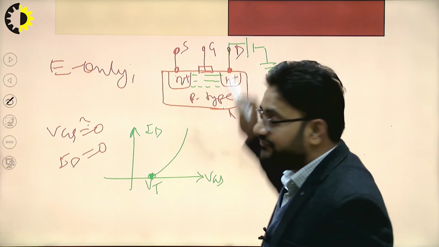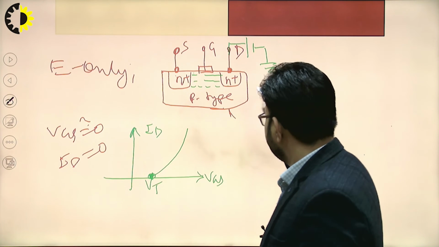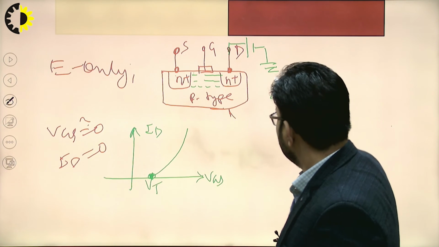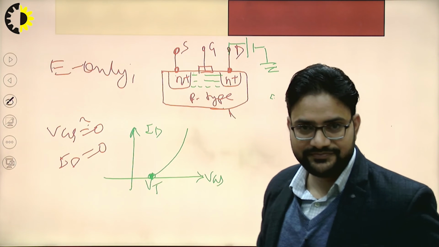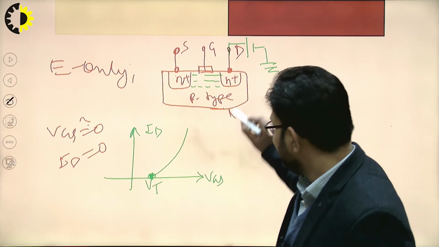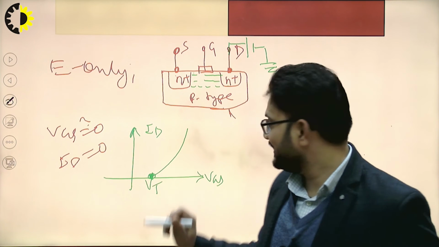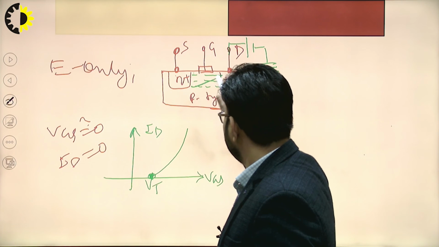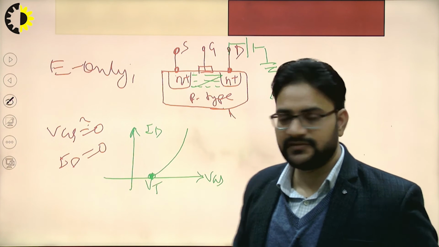Okay, now when VDS is connected, what will happen? When VDS is connected, then reverse biasing of this N plus with the P will increase, and it will cause this channel to be tapered like this. Effective channel width will reduce, right?